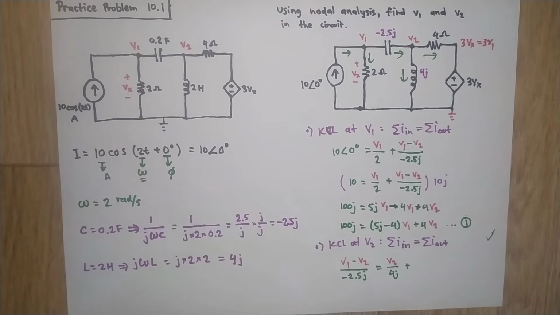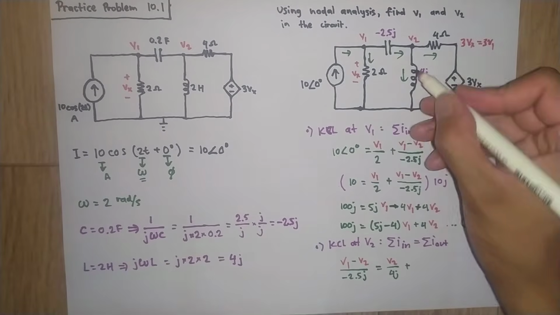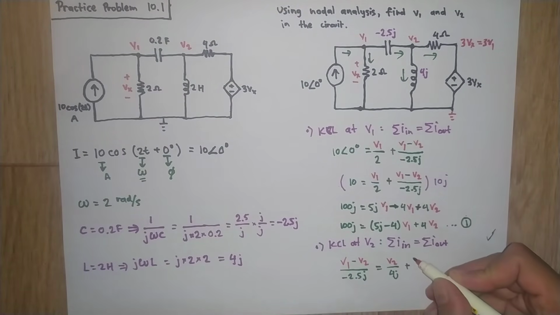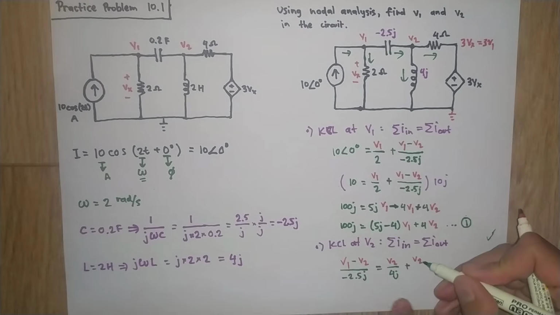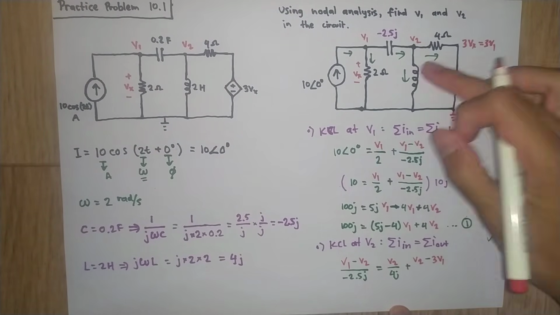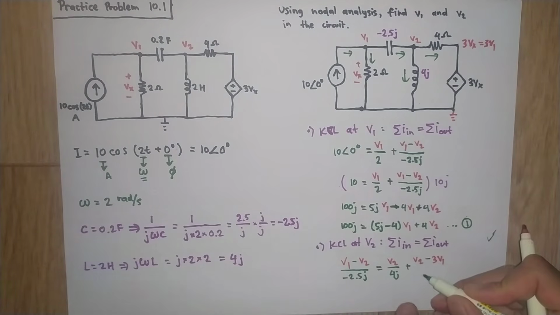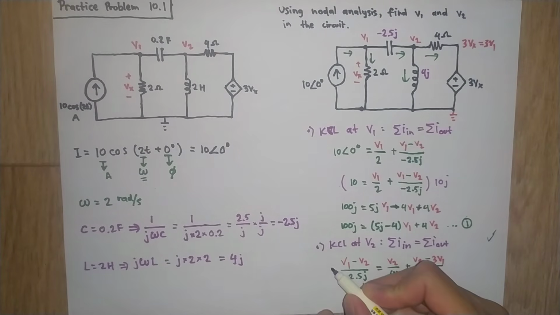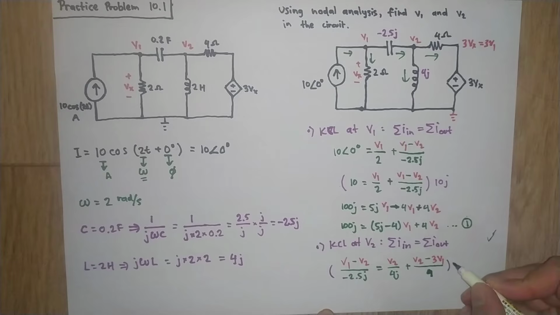Okay, now this one should be V2 minus 3V1, so I will have V2 minus 3V1 divided by the value of that resistor. Okay, and now I want to multiply both sides by 20J, so I get rid of all the denominators.